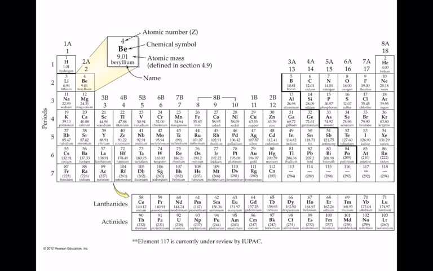I grabbed this off the internet to dissect. In every box, and all periodic tables are different, you have the symbol for the element. You have that big number, and we said the other day that big number is the number of protons.